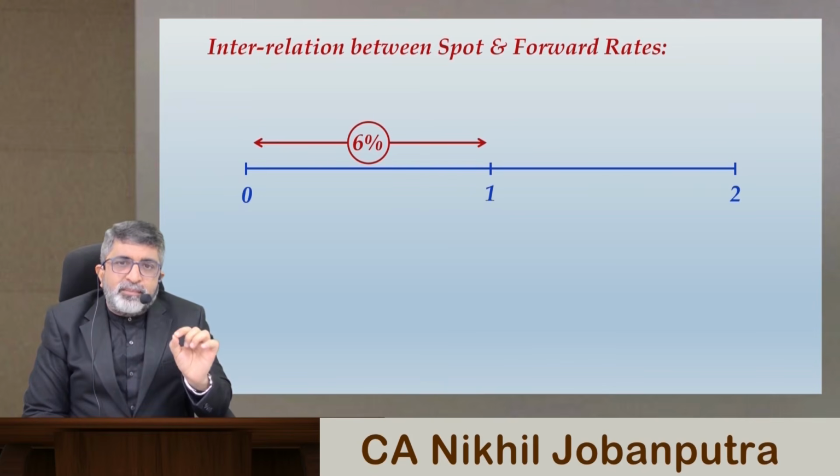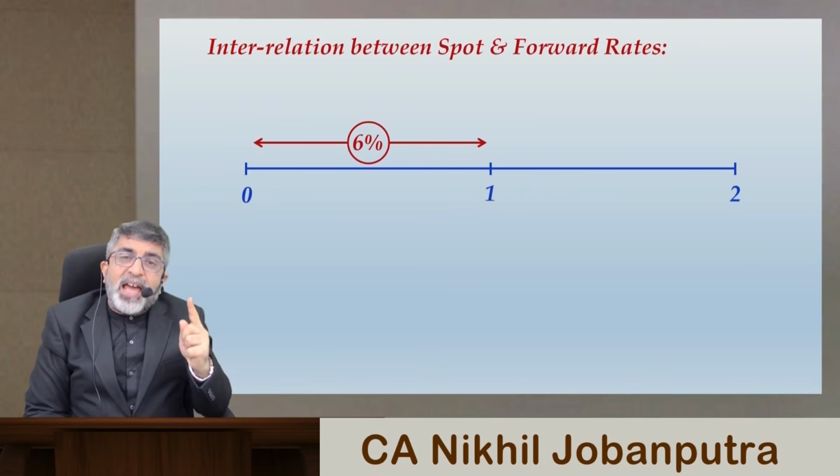S1, S2, S3, S4 are symbols that we use for spot rates. S1 indicates the 1 year spot rate, that means the annualized interest rate for a 1 year loan starting now. S2 represents the annualized spot rate for a 2 year loan starting now.